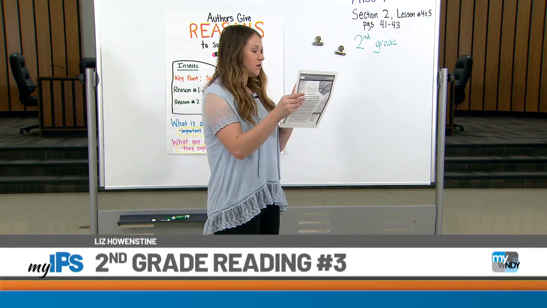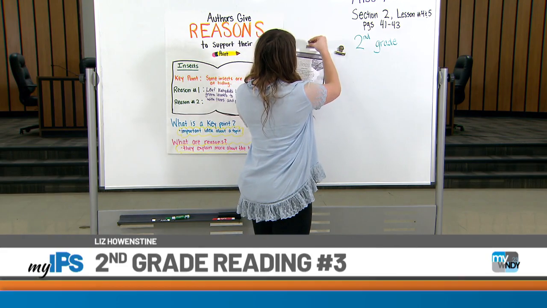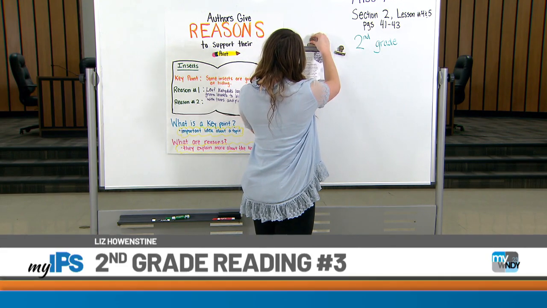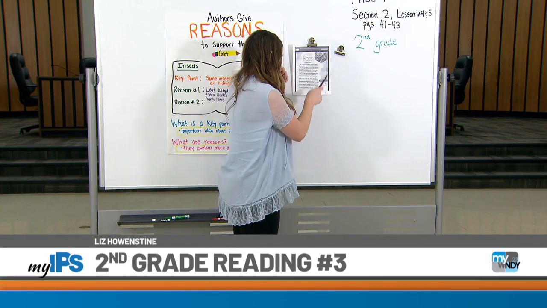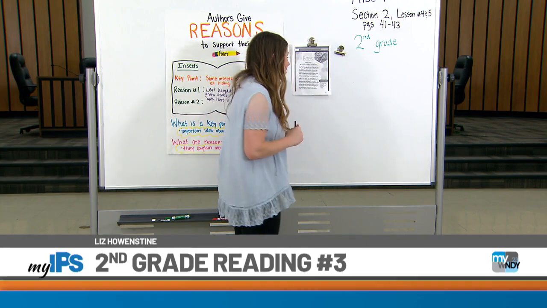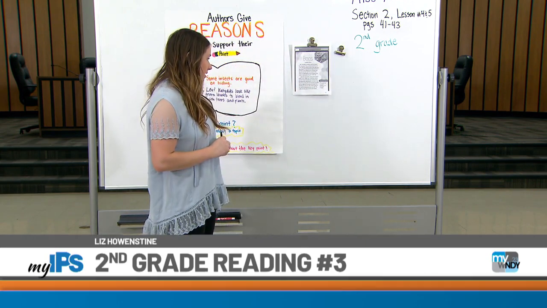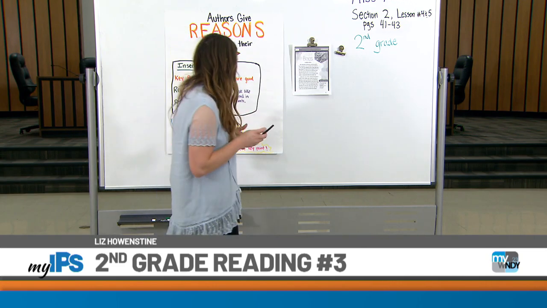So we are going to go ahead and see what our key point could be. So let's look at that, and then that will help us. In paragraph 2, we have to underline the key point. Well, it talks a lot about soldier bees. We want to find something that has a lot of reasons to support it.